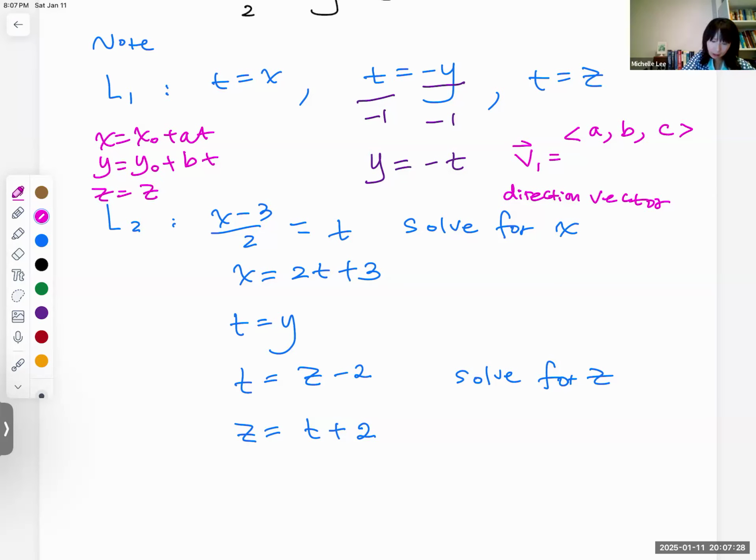Those a, b, c. Okay, then in that case, we have 1, and then the second one b, which is negative 1, and this is also 1. So 1, -1, 1.